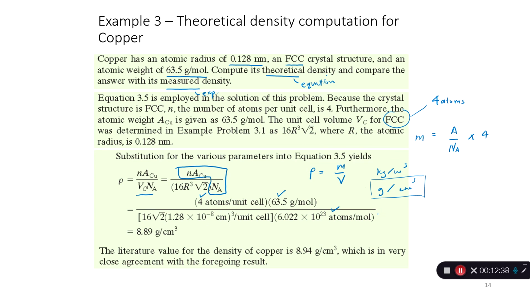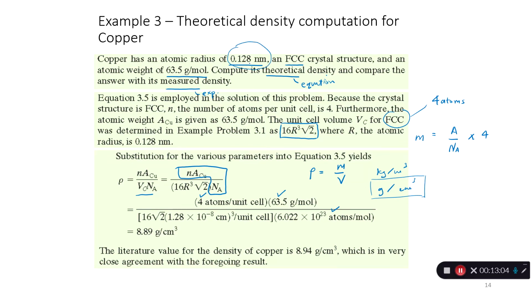Having the mass, now we need to divide it by the volume of the cell. For volume, we just get it from, I believe, the second example of finding the volume. So I'm going to take a shortcut. You have this equation for FCC volume. Just put that in, and R here is where you put your radius.